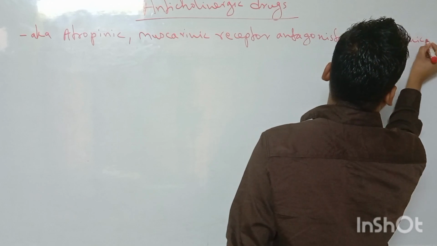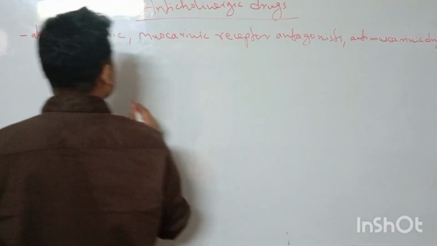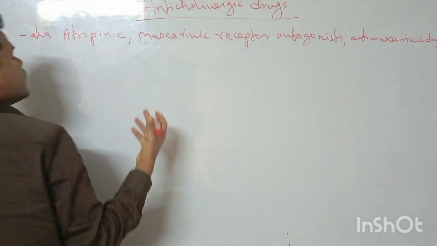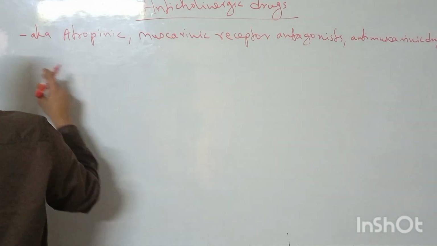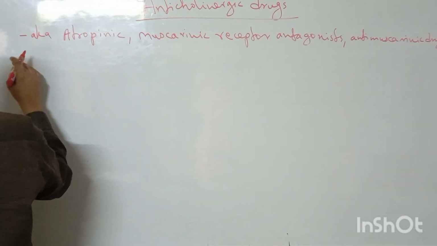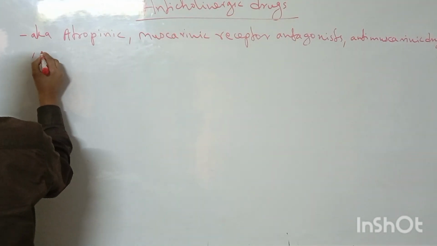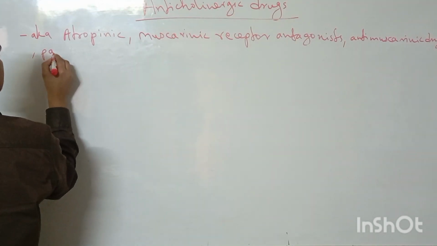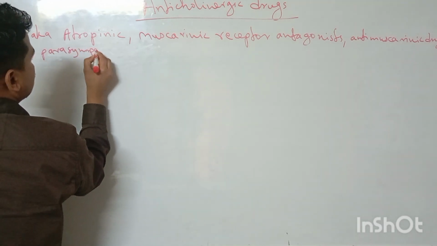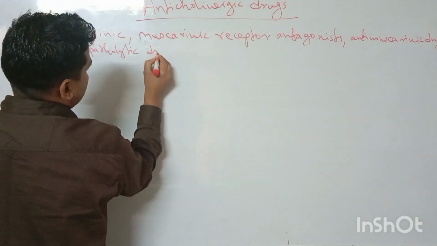These drugs are lysing or antagonizing the action of the parasympathetic nervous system, hence they are also known as parasympatholytic drugs.